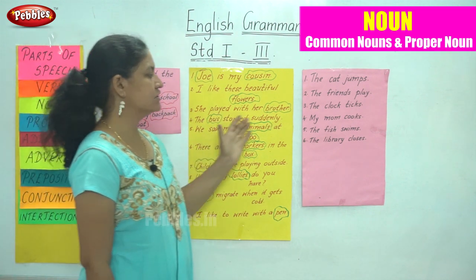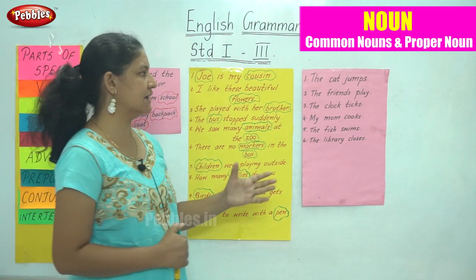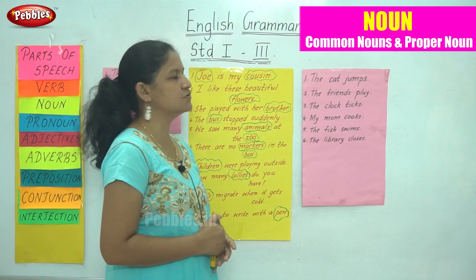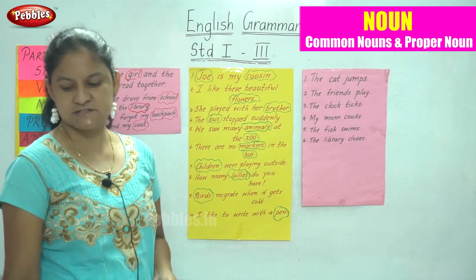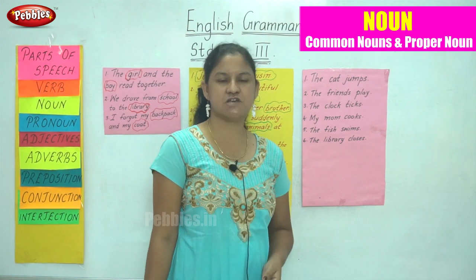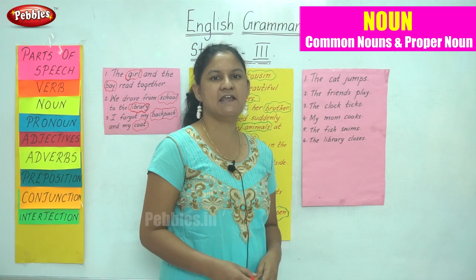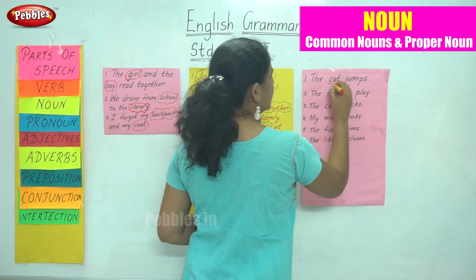So moving on to our next chart where we have 6 sentences. Again, we are going to mark or underline the nouns in the sentences. The first sentence, the cat jumps. So it is the name of an animal. So I underline the word cat.